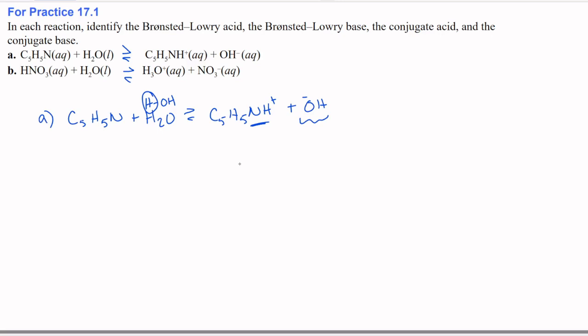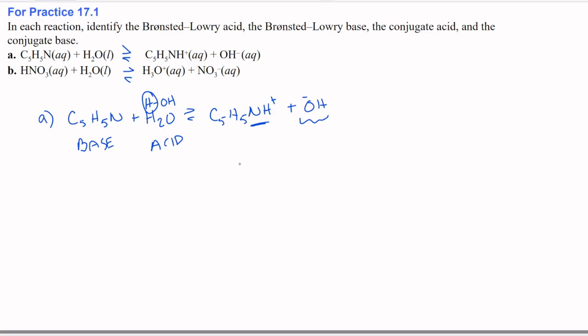Just be able to recognize that the nitrogen is actually pulling a hydrogen off and acting as a what? Acting as a base. This is a base because it's accepting that hydrogen from the water, which is acting as a what? Acting as an acid. The water is acting as an acid because it's providing a hydrogen to that base.